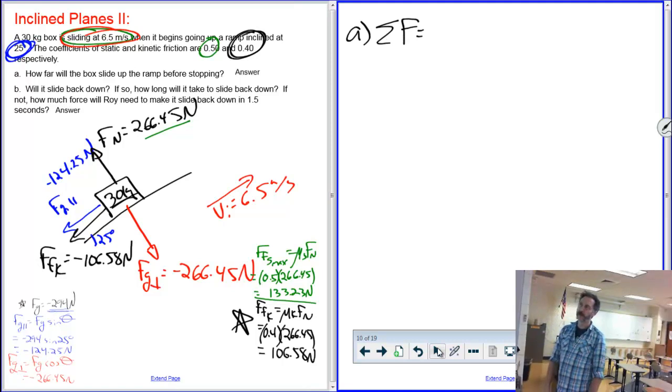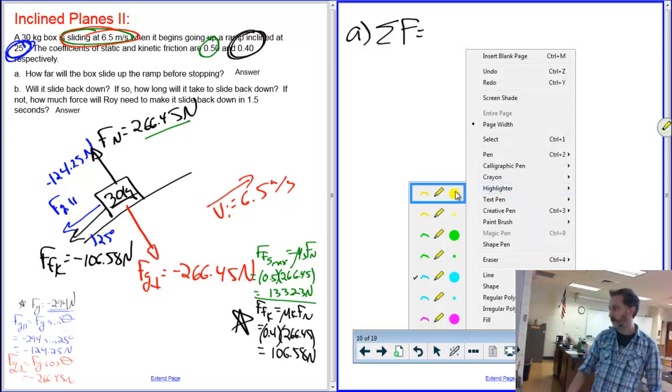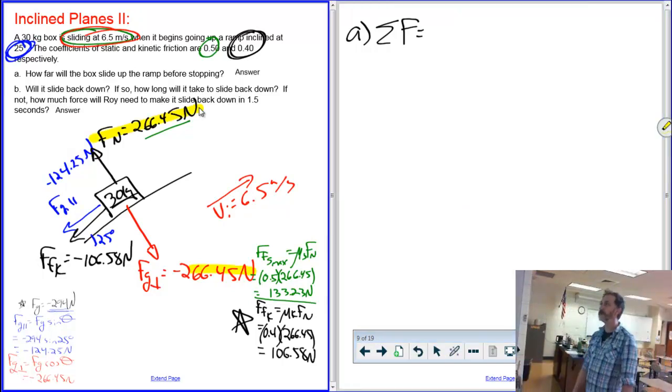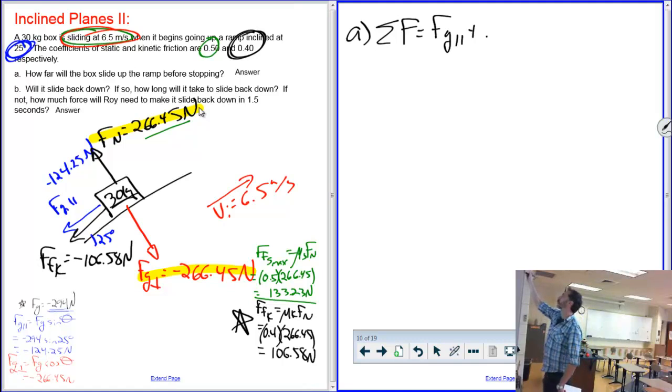So for part A, our net force is, well, normal and perpendicular cancel out. This force and this force cancel out. So my net force is just Fg parallel plus my force of kinetic friction.